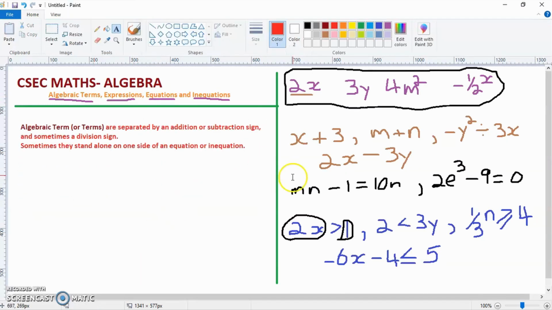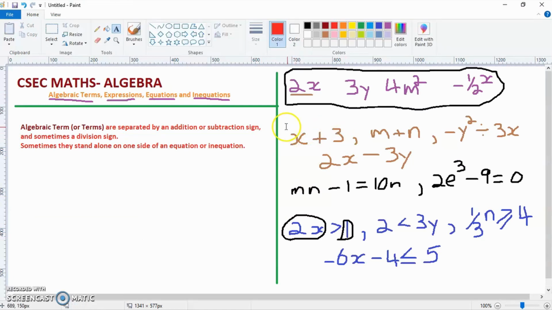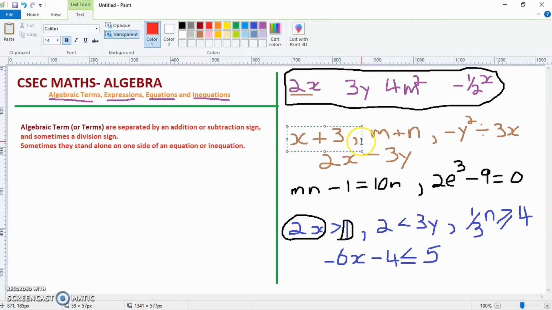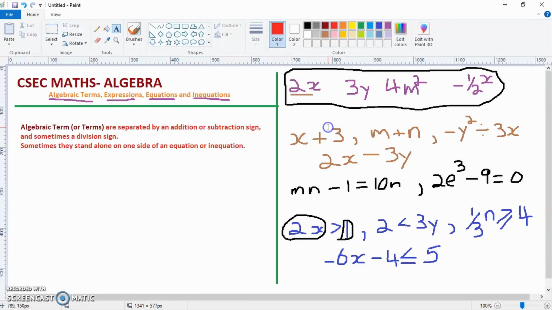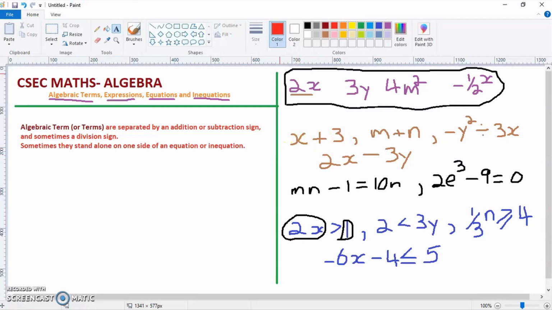So in this case here, this algebraic term, let me circle it properly, this algebraic term here, the x, and this term here are separated by an addition sign. So the x and the 3 are separated by an addition sign.